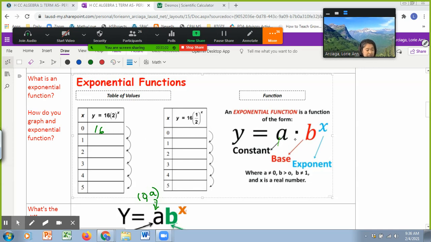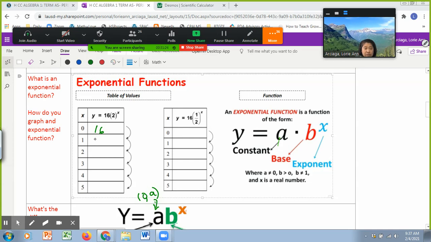Now the base is telling you whether you're going to make the numbers grow or become smaller. If it's a whole number, you're going to make the initial value grow by how much? By 2. So what will be the next number here?